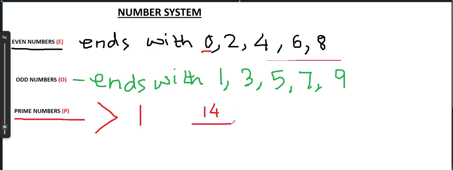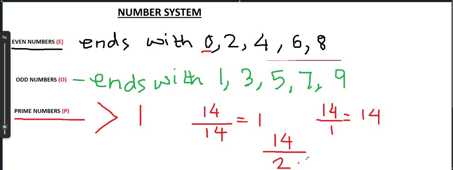14 is divisible by 14. Oh yes, of course, that is also divisible by itself. It gives us 1. 14 is divisible by 1 as well. That gives us a 14. But 14 is also divisible by 2, which gives us a 7. 14 is also divisible by 7, which gives us a 2.